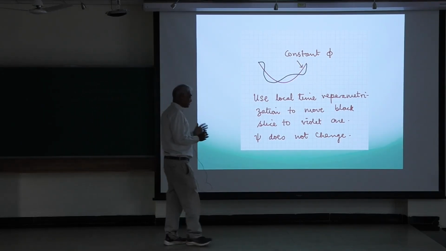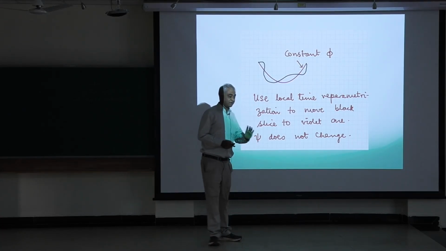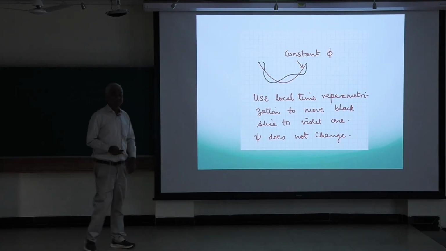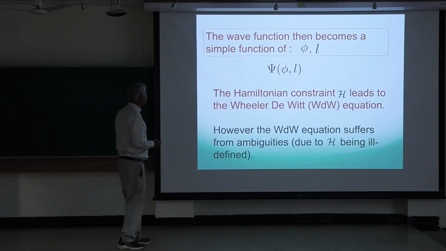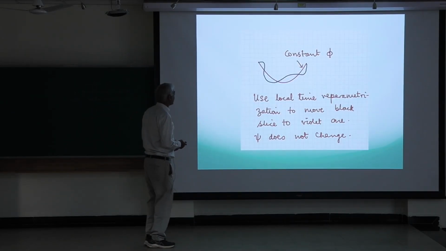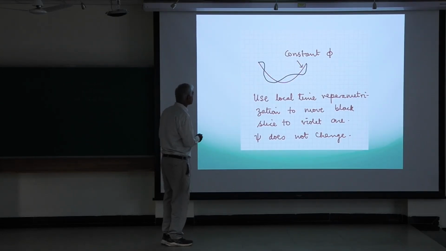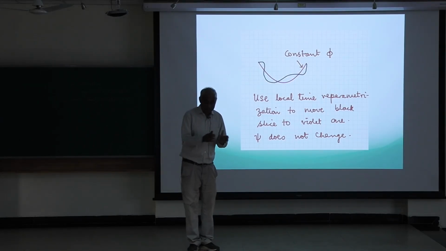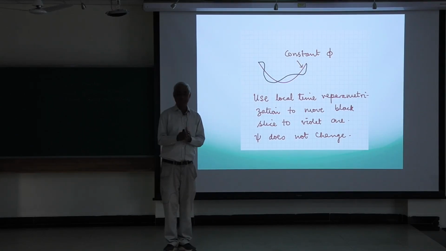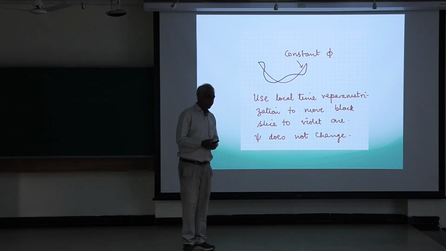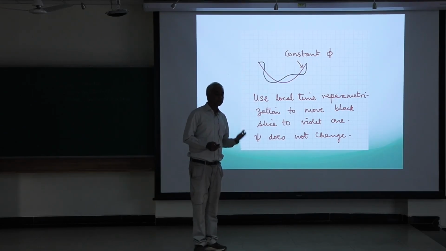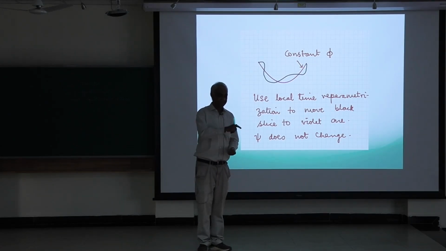This simplifies things because now, instead of a functional of phi, at least you have a function of phi, not a functional, but you still have to deal with the metric G1. Here we are helped by the fact that we are working in just 2 dimensions, so the spatial slice is 1 dimensional. Now the momentum constraint, which tells us the wave function must be invariant under spatial reparameterizations, tells us that it can only depend on features of the 1-dimensional metric which don't change under coordinate transformations along that dimension.